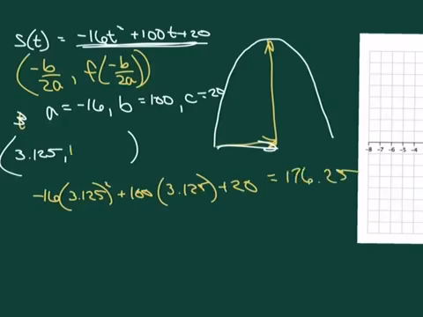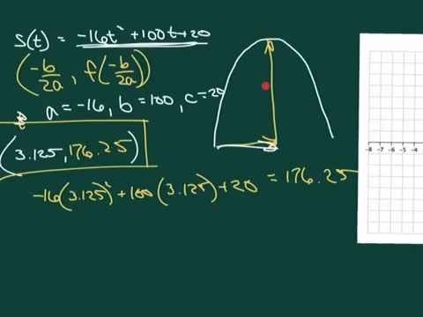Okay, so 176.25. That is the vertex. That is the maximum point that we were looking for. Okay? So, the rocket reaches a height of 176.25 in 3.125 seconds.